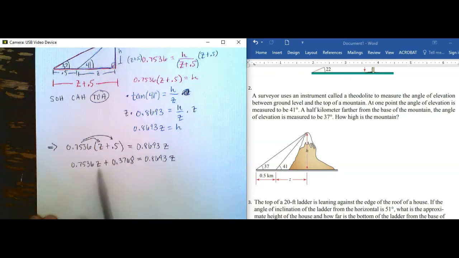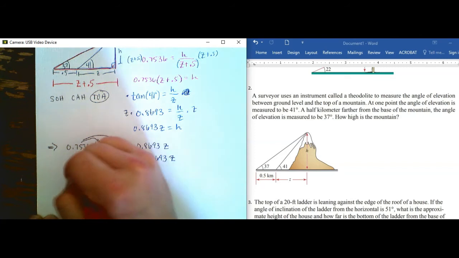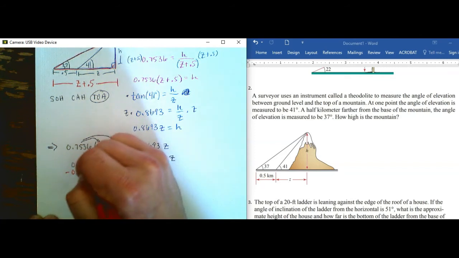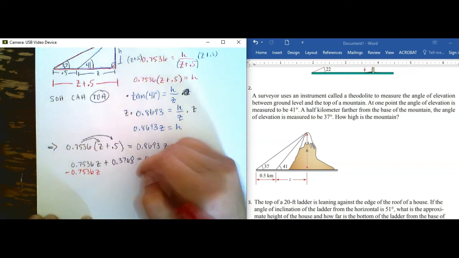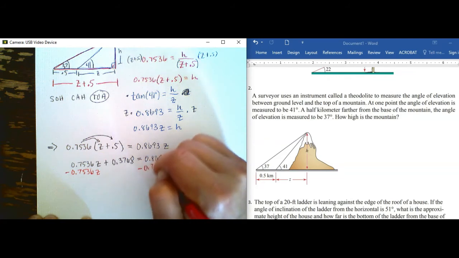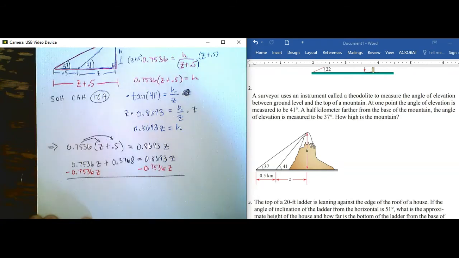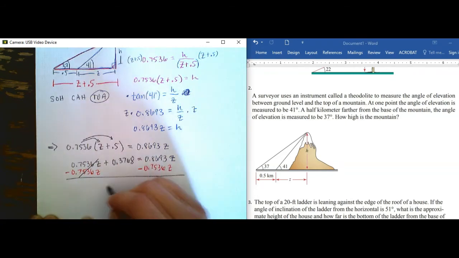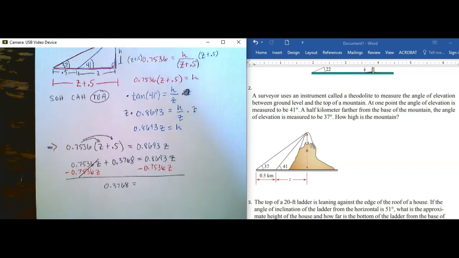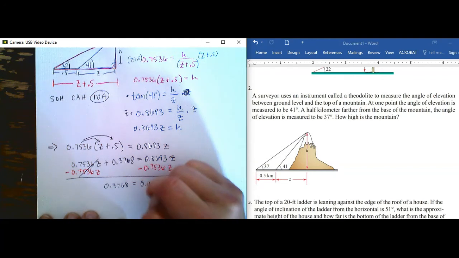All right, now we can isolate z, so we'll subtract 0.7536z from both sides. Just cancel here. 0.3768 equals 0.1157z.